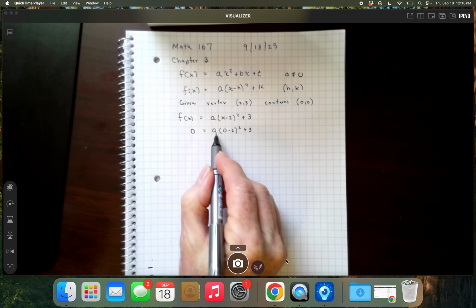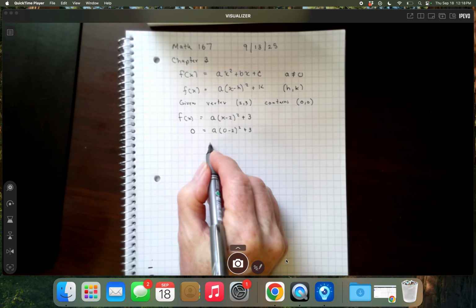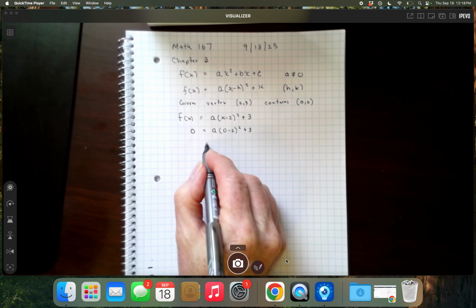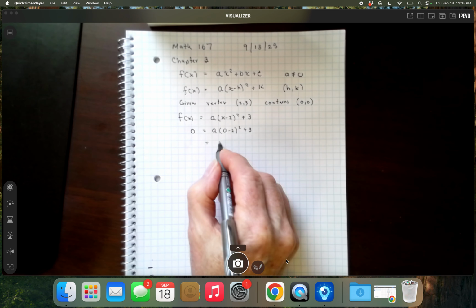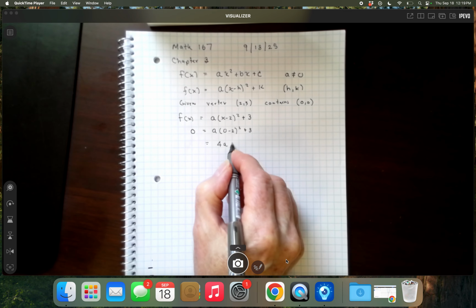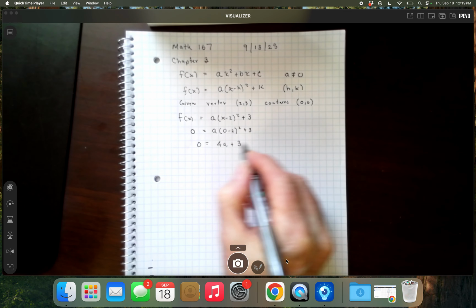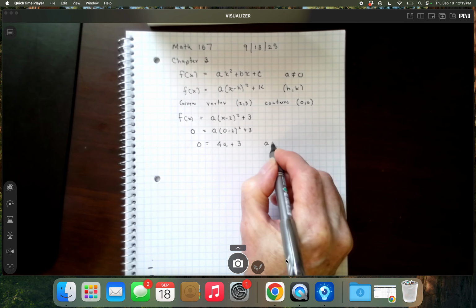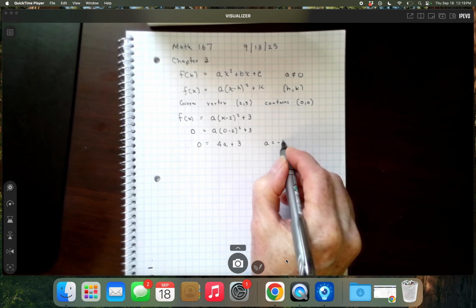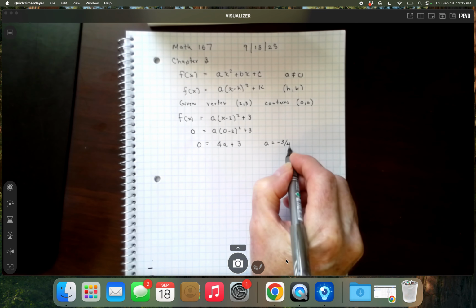Okay, so you just choose a so it fits. Now, the right-hand side is equal to 4a plus 3. That gives us 0. So it looks like a is equal to minus 3 over 4.